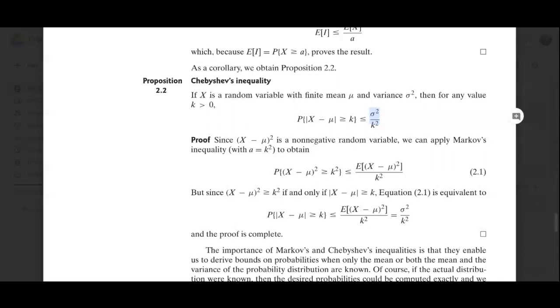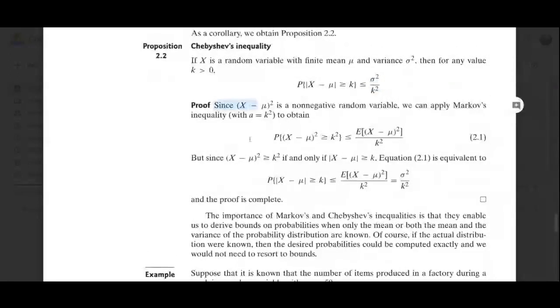You could think of it as within the radius of mu, the probability of that interval is bounded by sigma squared divided by k squared.